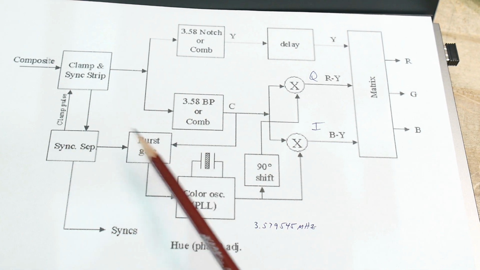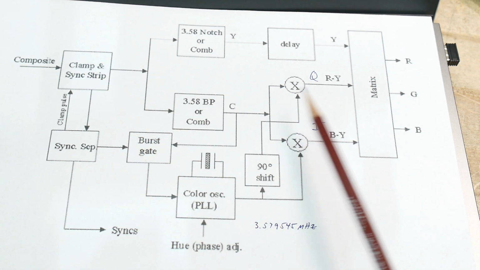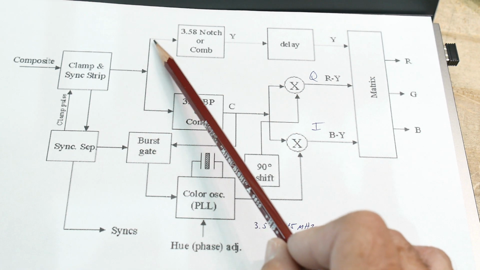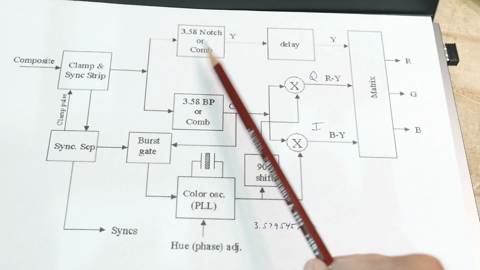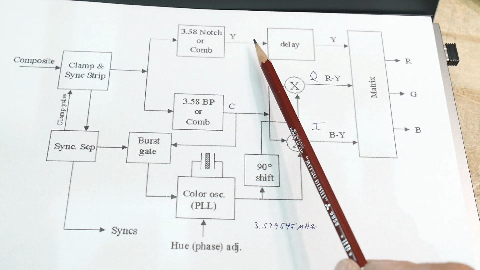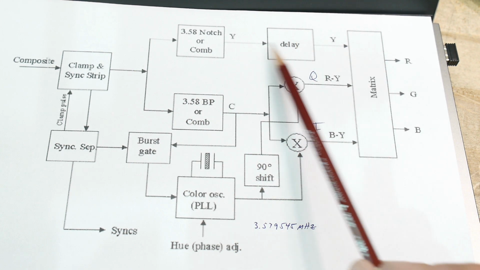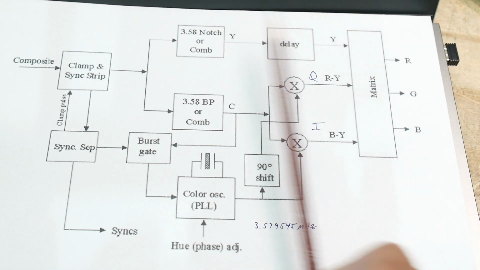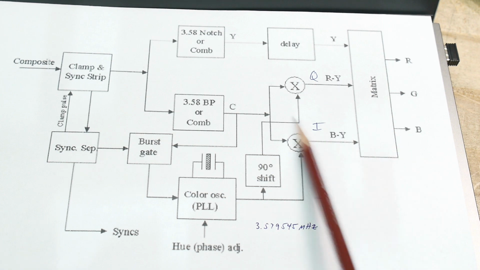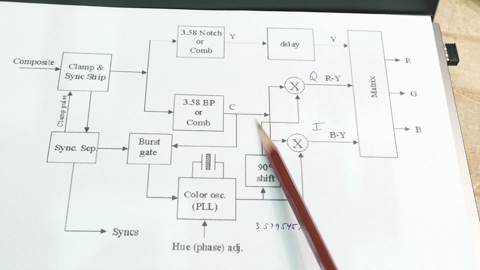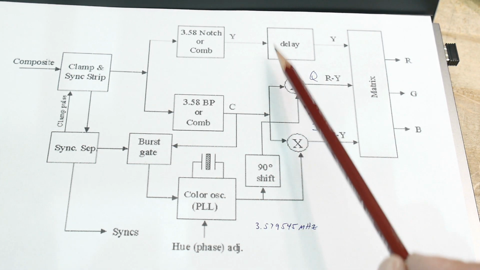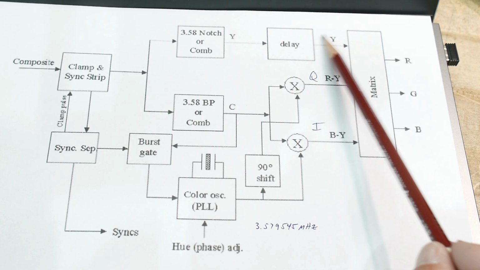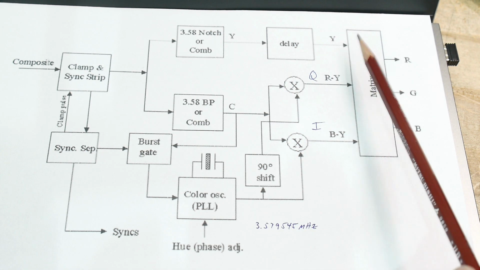You've stripped off the sync and you stripped off the color burst, but the rest of the signal goes this way. You get rid of the color burst and you send through just the Y information, just the luminance information. And you delay it a bit because you're going to do some things down here, so you have to keep everything at the same time. So you delay this one to account for these mixers down here. And then you get a Y channel, so you get the luminance channel.